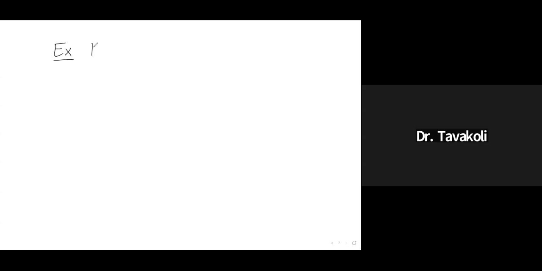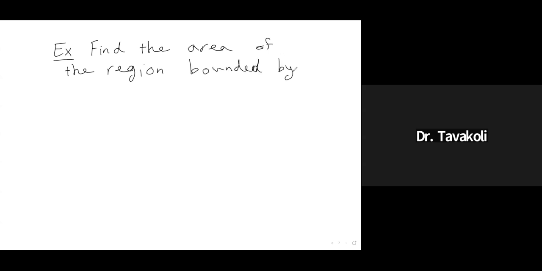So find the area of the region bounded by these two functions, y equals x squared minus x minus 4, and y equals minus x squared plus x plus 8.